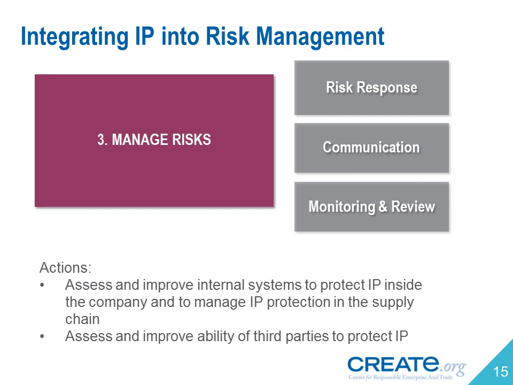What are the requirements that you have of third parties? What kind of monitoring do you do of third parties? These all become critical things. And then ultimately, the ability for you to assess and possibly help improve the ability of third parties to protect your IP or others' IP.